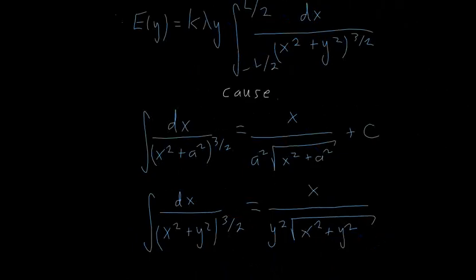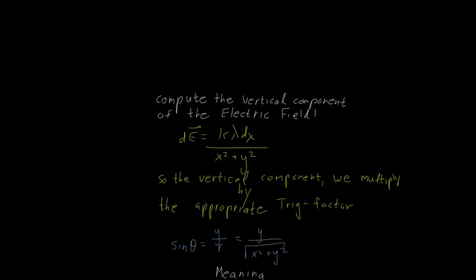They take two equal charge elements, one at x and one at minus x, okay? Now, if you do that, they are the same distance from the point 0, y. So they produce electric fields of the same magnitude, right? Let me repeat. They produce electric fields of the same magnitude, but the horizontal components of the electric field are in opposite directions. That's why they're canceled.